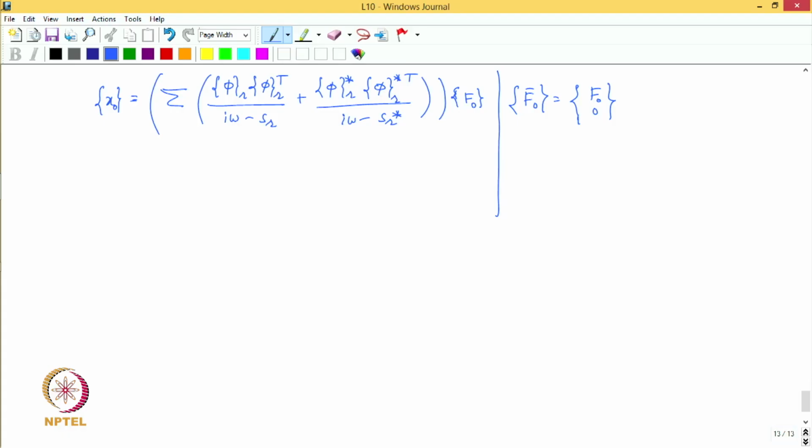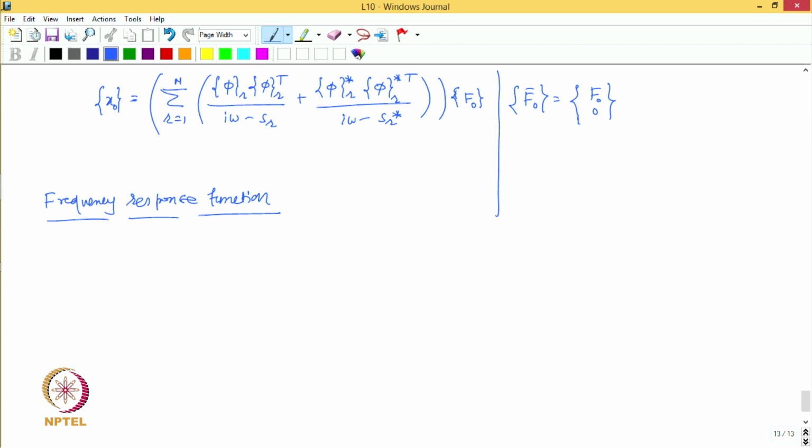So, let us now look at what the frequency response function is for this system. Let us obtain the frequency response function.